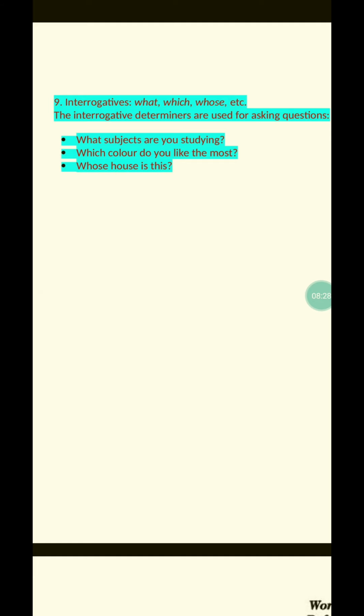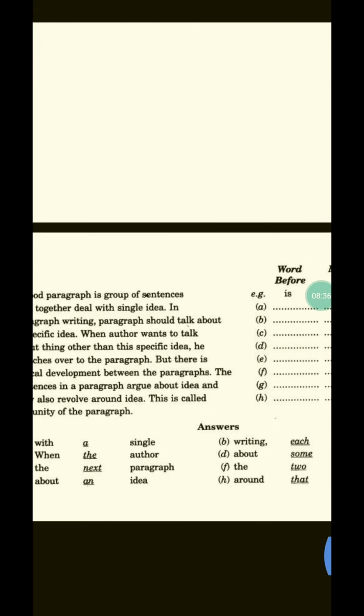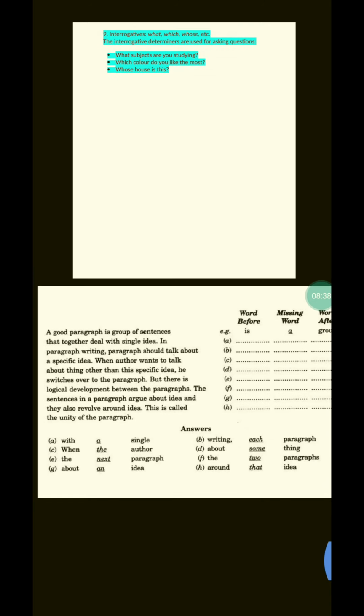Children, one related question to this chapter in the form of editing you will find on your screen. Go through the question properly. The answers are also given, and this is the pattern of the question which you will find. So children, this is a question based on omission. You can get questions based on editing or gap filling also.